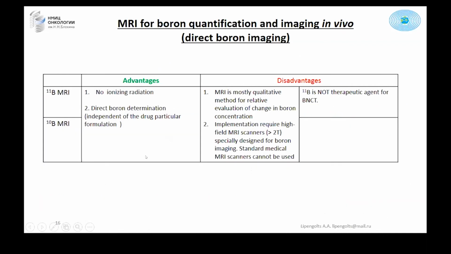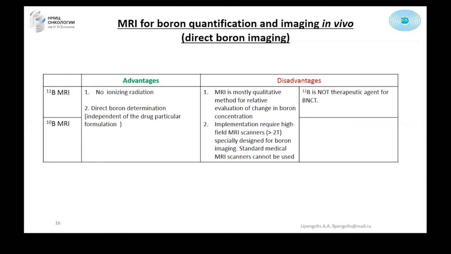What is the advantage of MRI application for boron quantification? First of all, there is no ionizing radiation. You can ask, why should we think about using or not using ionizing radiation in the case of BNCT, which is no doubt a method that uses ionizing radiation to treat patients?